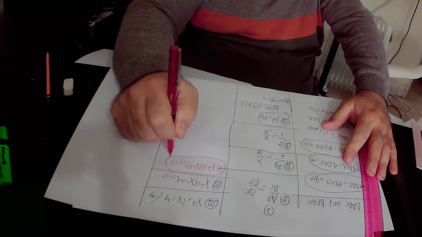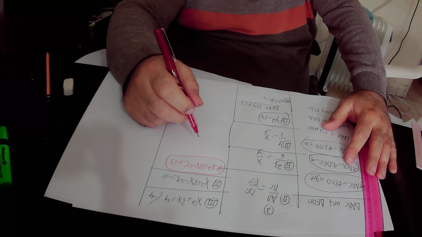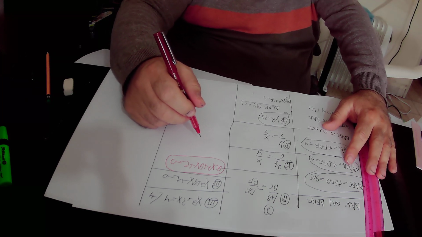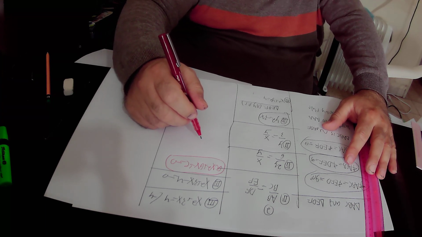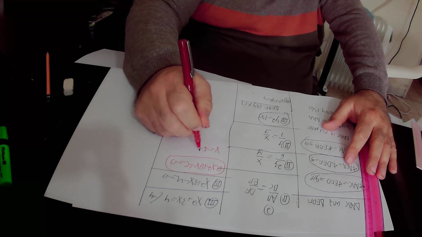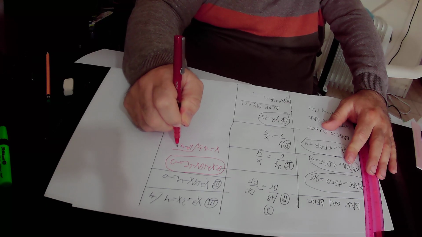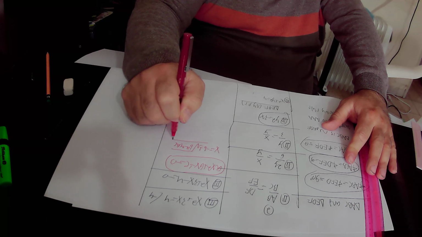Here a, b, and c are the coefficients of the quadratic equation, and x is the variable that we are looking for. And we will find the value of x according to the following formula. X equals minus b plus minus square root of b squared minus 4ac over 2a.